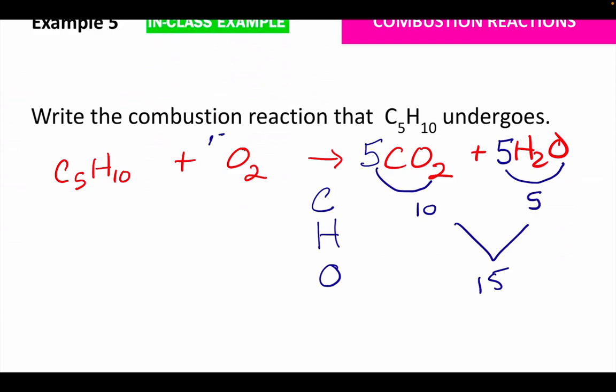So this is the time where you can write a fraction only in front of diatomic molecules. And remember, if you don't like that, you could put 7.5, but you wouldn't want to leave that. What you would do then is multiply the whole reaction by 2. So this is a 1, it changes to a 2. 7.5 times 2 is 15. And then these will both change to 10. And that is correct also.